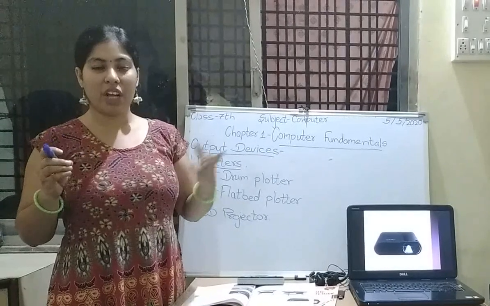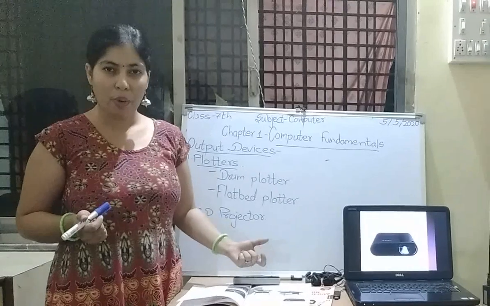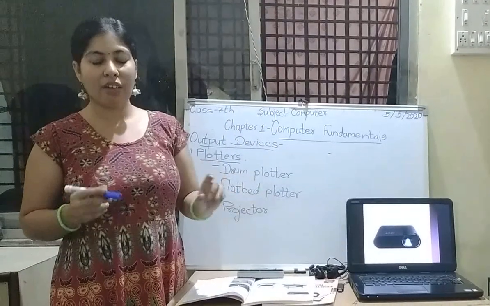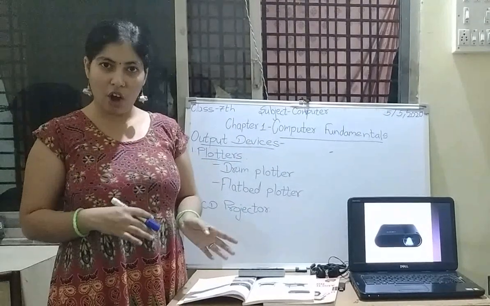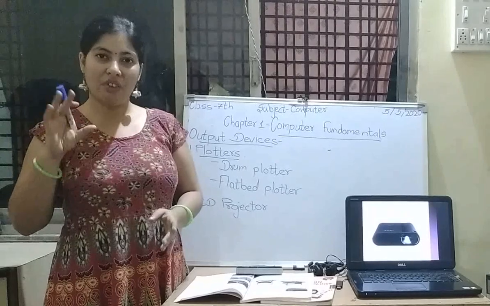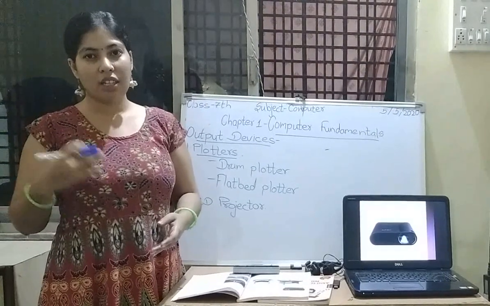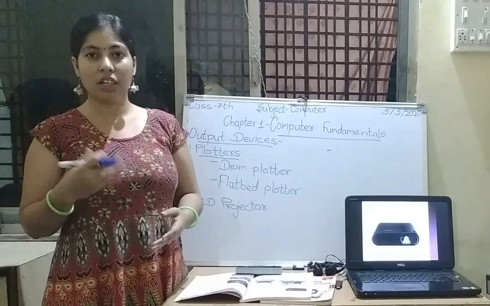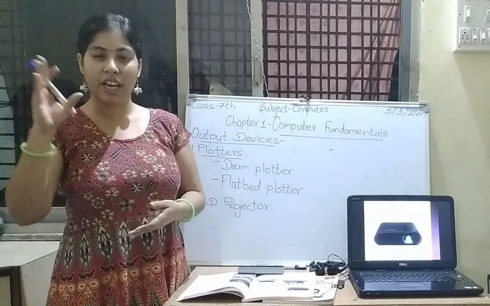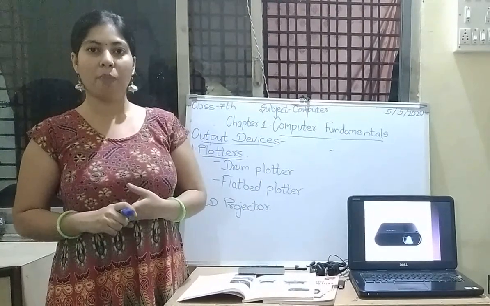How it works: we have to start our projector, connect our projector to the CPU, plug the projector pin into our socket, and switch it on. In the same way we switch on our CPU and monitor, and the film is reflected on the digital board. The data which is in the CPU or on the monitor gets reflected on that digital board, and in this way we can use our projector.